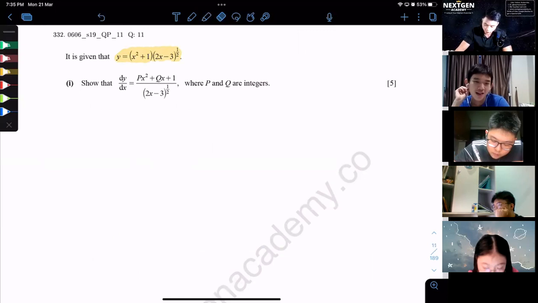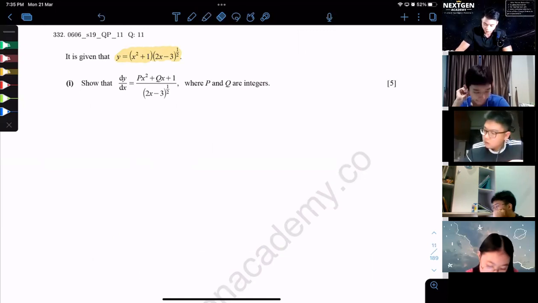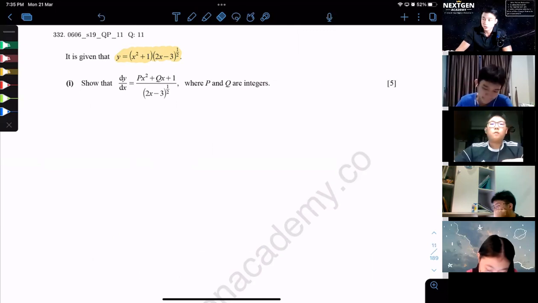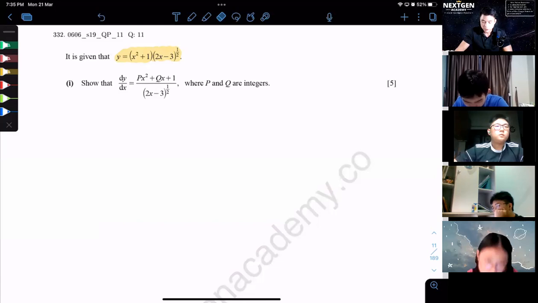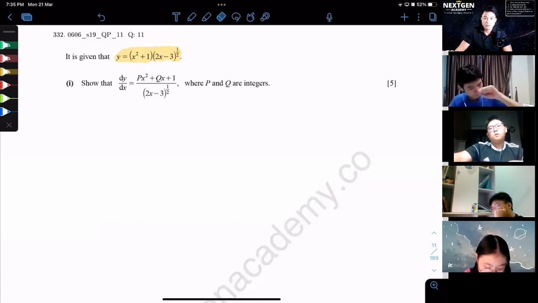Show that dy over dx equals px squared plus qx plus 1 over 2x minus 3 to the power of 1 over 2. So they want you to express it in this form. Very simple, just differentiate it.